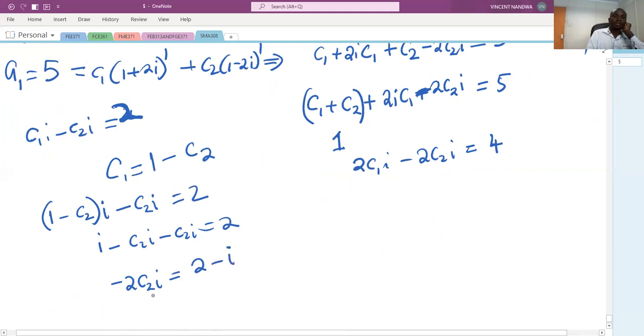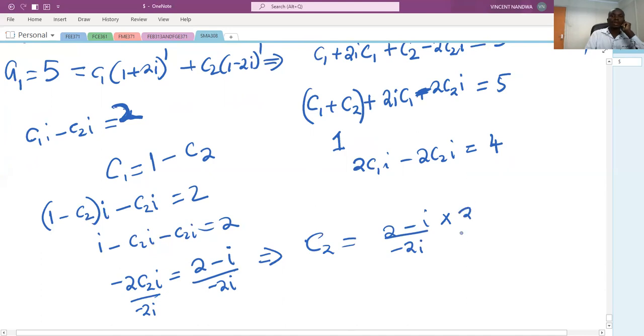And then I can divide through by minus 2i. So this implies that C2 will be (2 minus i) divided by minus 2i, and then we multiply by the conjugate of this, which is positive 2i.